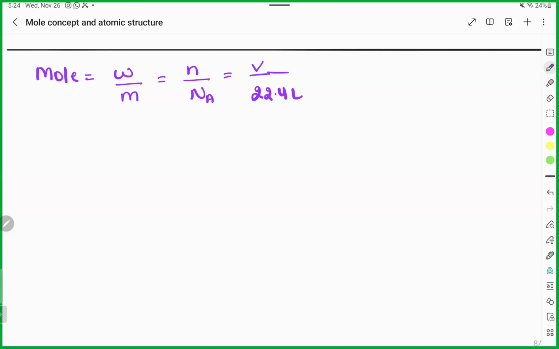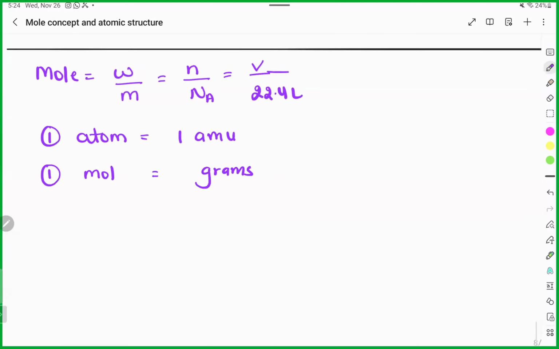That's one thing, number of moles. Second, if you take one atom's mass, it will be given in AMU. But if you take one mole's mass, it will be given in gram. Understood?